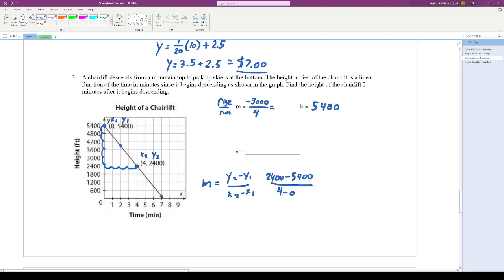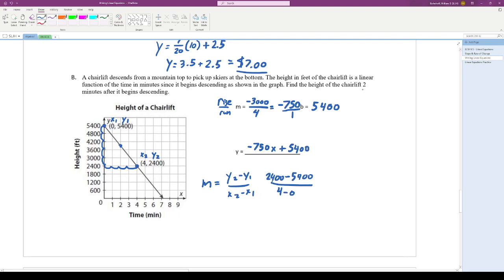Simplifying negative 3000 over 4, we would do 4 times 25 would be 100, times 30 would be 3000. So we need to multiply by 25 and 30, which would be 750. So this is the same as negative 750, and I'll put negative 750 over 1 so that we can see our rise and run there. So our equation will be y equals negative 750x, so that's our slope times x, plus our y-intercept of 5400.